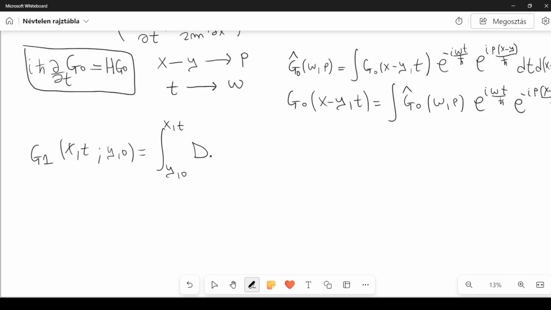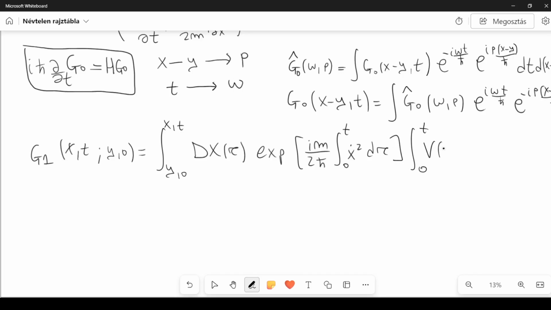path integral, so dx of tau, and then I have the exponential of i m over 2 h bar integral from 0 to t of x dot squared, which is a function of tau, remember that, d tau, and then here we have an integral from 0 to t of v of x, which is a function of tau, remember that, d tau.